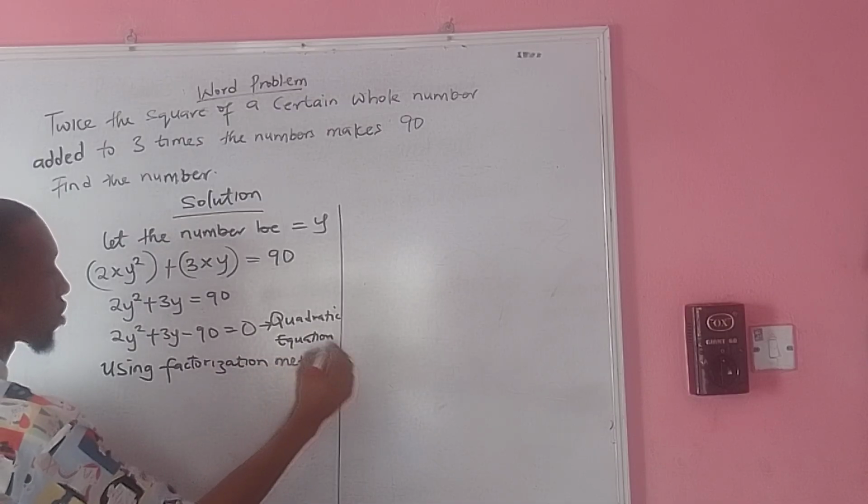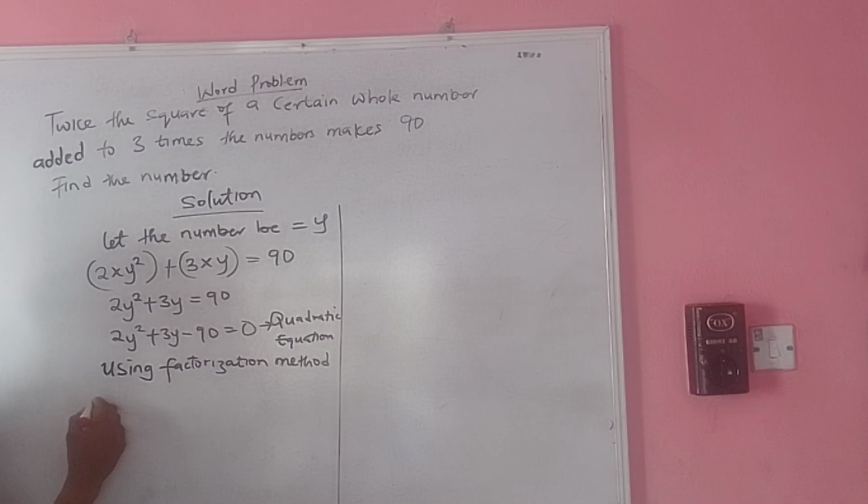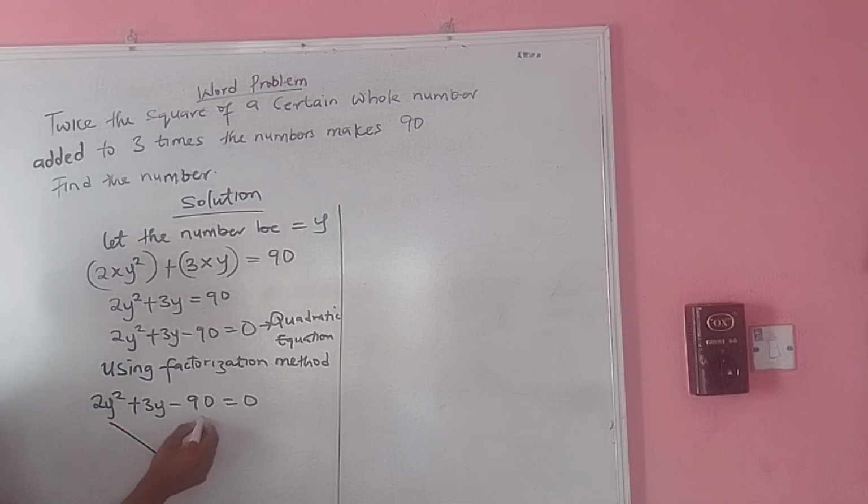I want to make use of my factorization method. My quadratic equation is 2y squared plus 3y minus 90 is equal to 0. The first thing I'll do is multiply the first coefficient and the last one. Plus times minus is minus, 2 times 90 is 180, and I have my y squared.